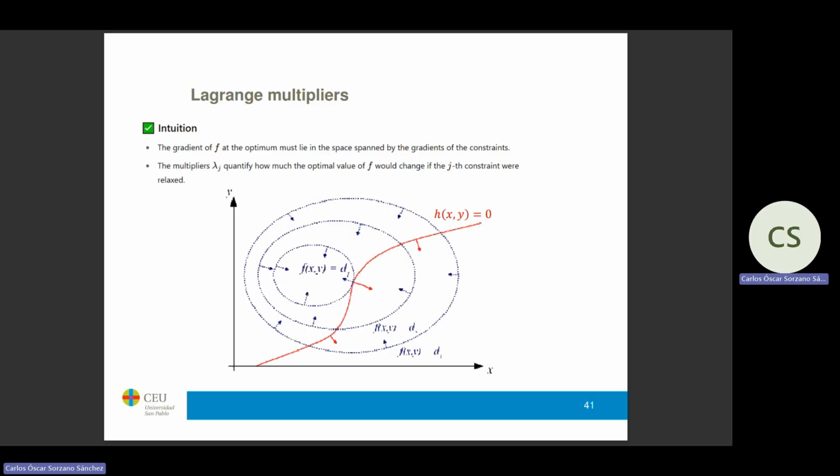So this is the optimal point of this function. The maximum is here, but the maximum subject to this constraint is there. Good.